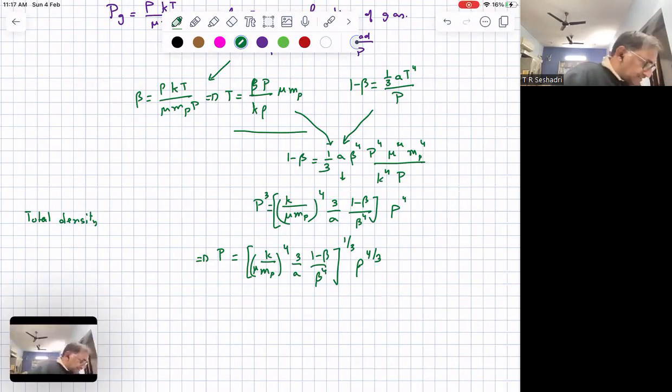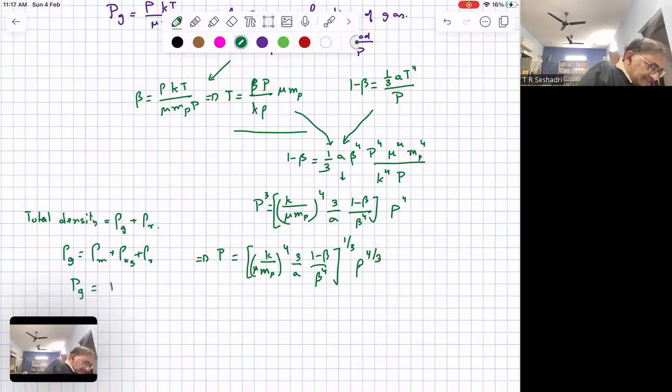Fine. Thanks. Okay. Now the total density is equal to rho of gas plus rho of radiation. Now rho of gas is equal to the rest mass of gas plus the kinetic energy of gas, plus rho of radiation. Whereas when you say pressure of gas, pressure of gas is only from kinetic energy. There is no pressure from rest mass.